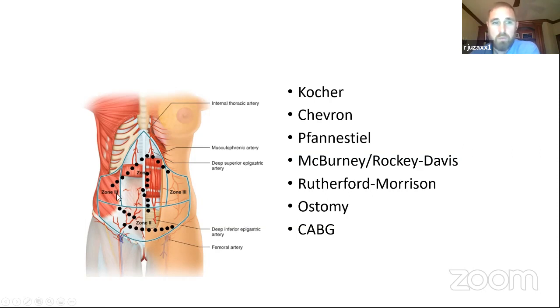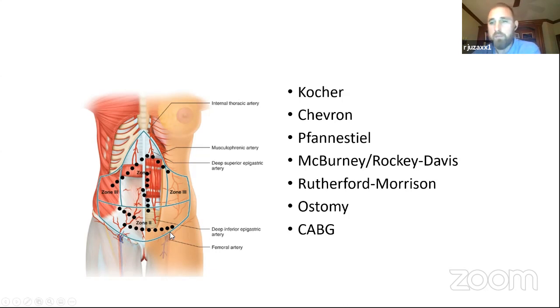So if you've got somebody who's had a previous Kocher incision or chevron incision, not only does it make your dissection of the posterior plane more difficult, but it's also highly likely that they transected those deep vessels, either ipsilateral in regards to a Kocher incision, or sometimes bilateral with a chevron. Similarly, a low Pfannenstiel can take the deep system, as can McBurney. And other ones that we commonly see, or I commonly see, are if they've had an ostomy in place.